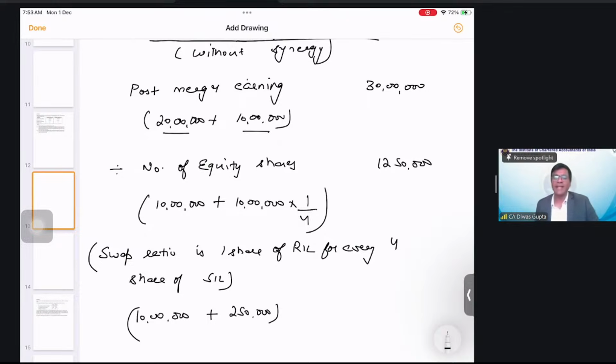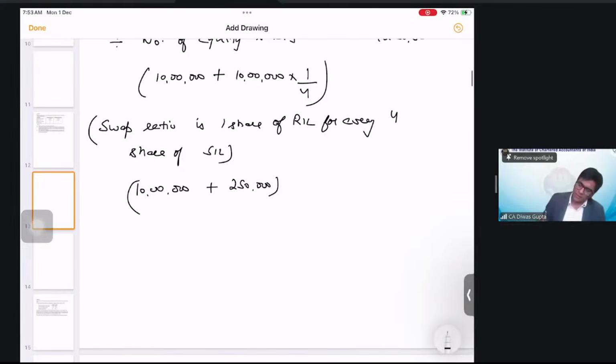So the total 30 lakhs of earnings will be divided by 12,50,000 number of shares. So the earnings per share actually comes out to be 2.4.